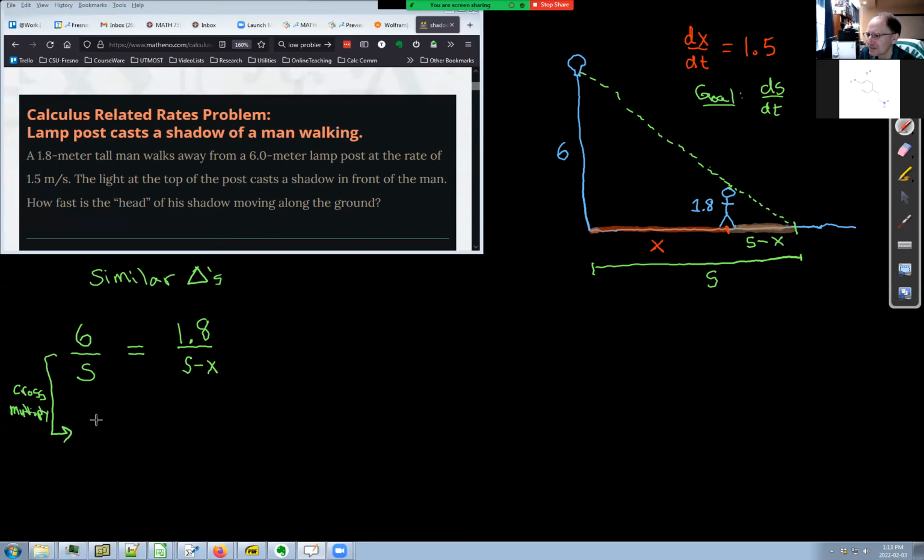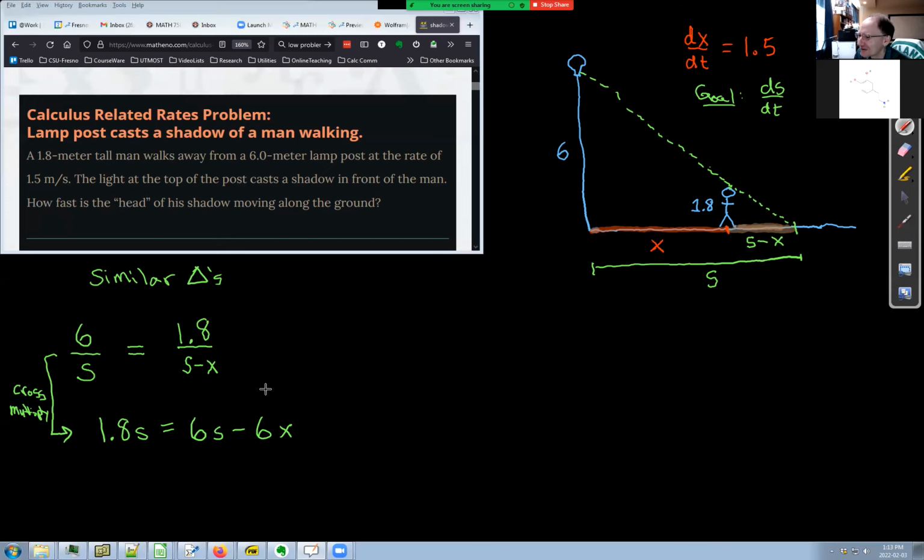So 1.8 times s makes 1.8s, and 6 times s minus x is 6s minus 6x. Now this is much nicer. Finding the derivative of this is going to be 10 times easier than finding the derivative of the fractions. An ounce of algebra is worth a pound of suffering with the derivative, or something.